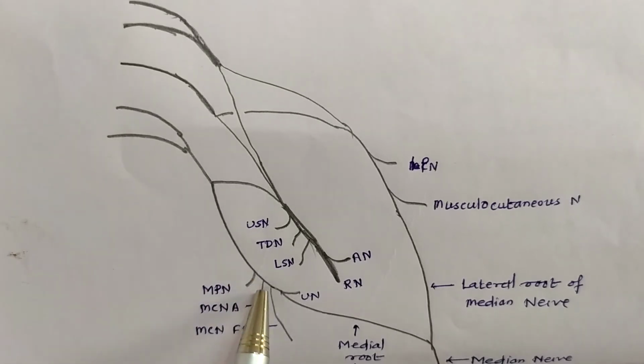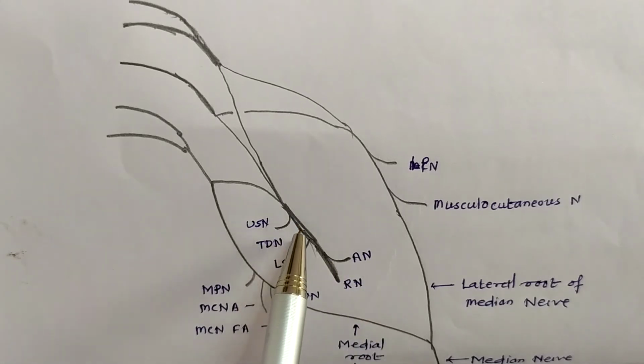Medial cord gives five branches: medial pectoral nerve, medial cutaneous nerve of arm, medial cutaneous nerve of forearm, ulnar nerve and the medial root of median nerve. Medial root is from medial cord, lateral root is from lateral cord and they join to form median nerve.